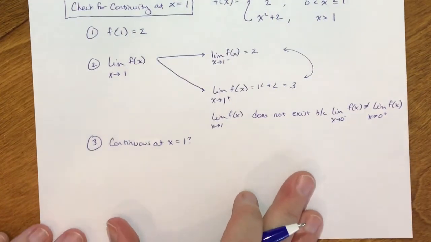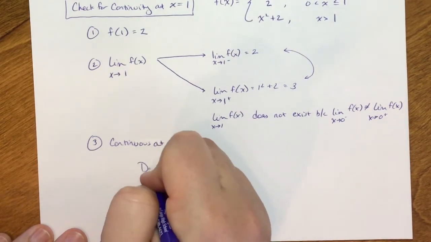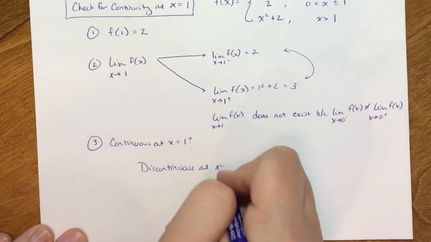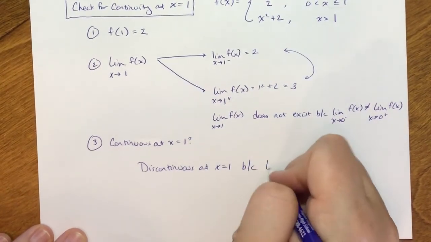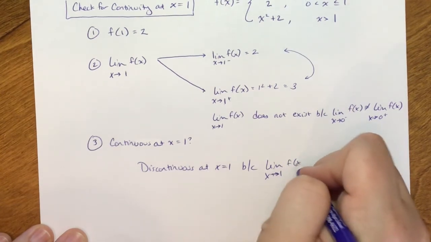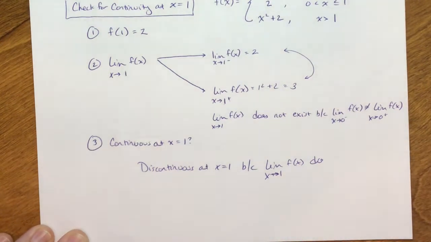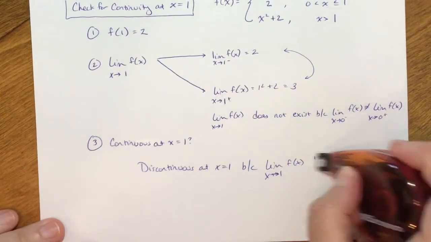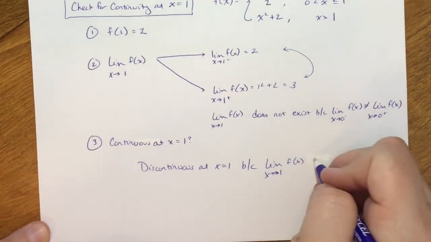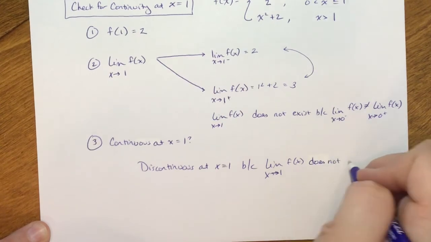So what we can conclude there is that it's not continuous at x equals 1, because the limit as x approaches 1 of f of x does not exist. And we have to pass all 3 parts of that test, and because we failed one of those parts above, I don't even get to check if they're equal to each other because we failed in the second step, right? Does not exist.